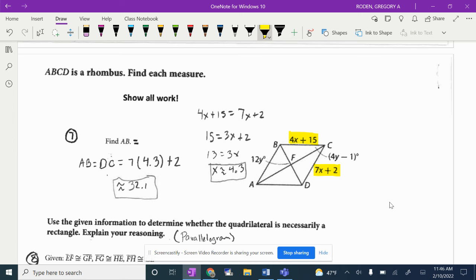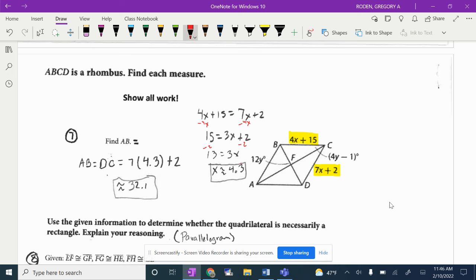Do a little algebra here. What did I do here? I subtracted 4x from both sides and got 15 equals 3x plus 2. Then I subtracted a 2 from both sides and got 13 equals 3x.